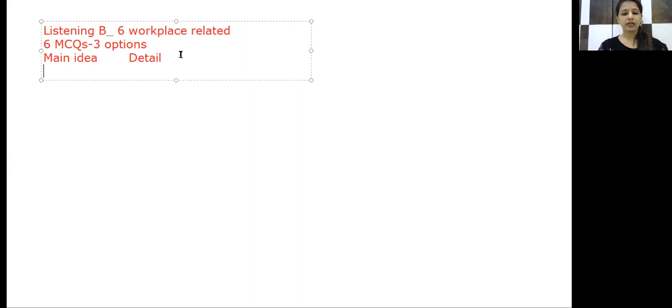The most common type is the main idea itself, identifying the gist or main idea of the conversation. Then you can have purpose questions, agreement questions, and function questions.